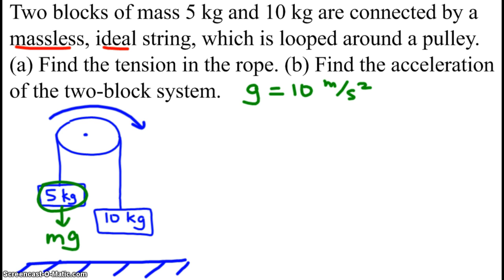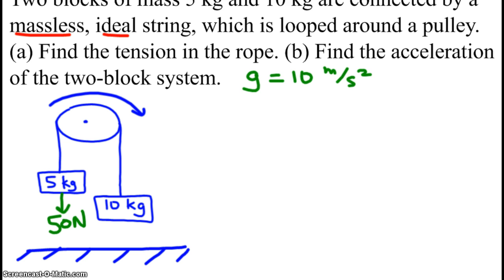Mass is 5. G is 10. Multiplying those gives us 50 newtons. Force we measure in newtons, so we put 50 newtons. Right. A much bigger gravitational force is acting on this block.